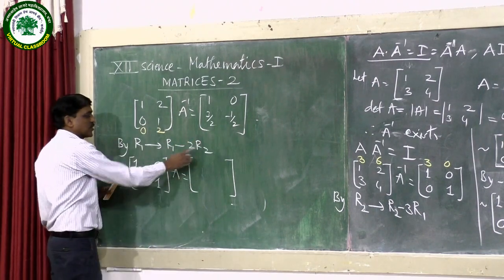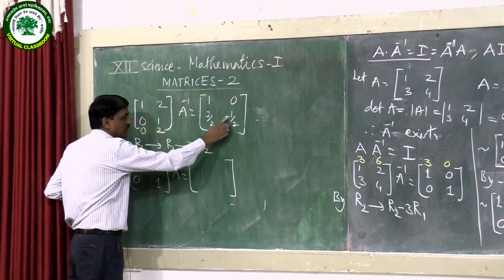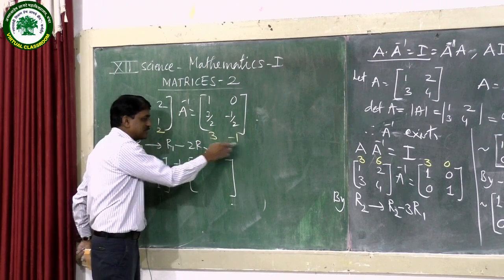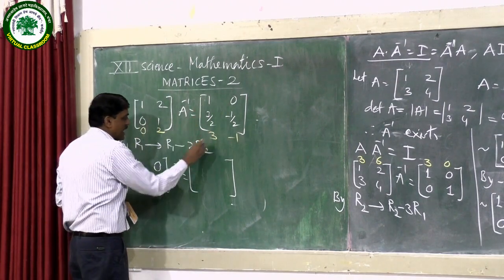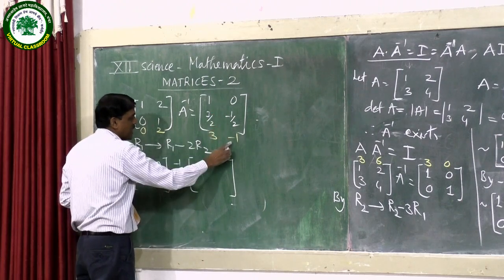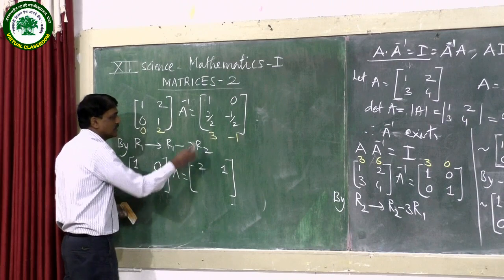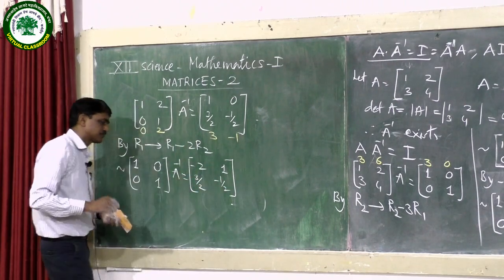Multiply the second row by 2: 3 by 2 into 2 is 3, minus 1 upon 2 into 2 is minus 1, and subtract these from the first row. So 1 minus 3 is minus 2, 0 minus minus 1 is plus 1, second row as it is, 3 by 2 minus 1 by 2.